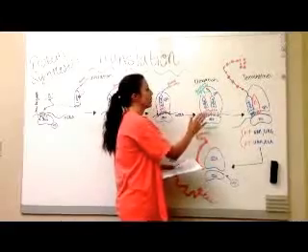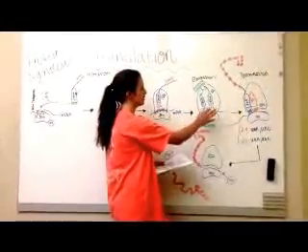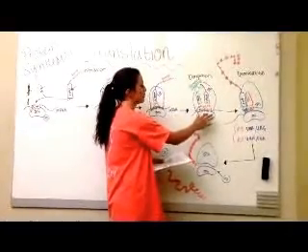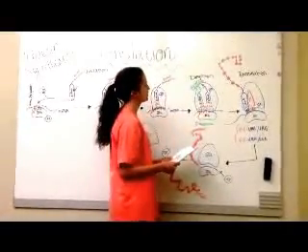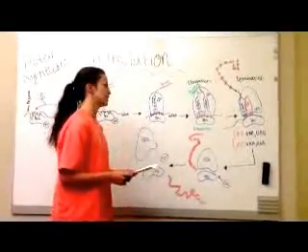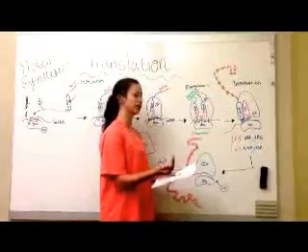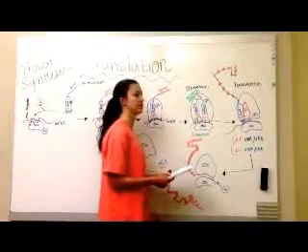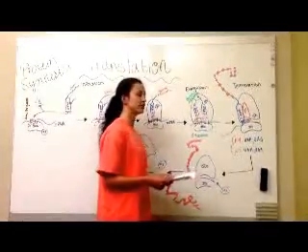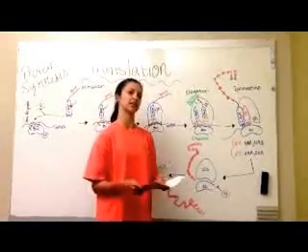It will then form a peptide bond between the two amino acids, adding it to the amino acid on the A site. Then you will have translocase, which is an enzyme, and it will shift the mRNA by each codon. So the codon that is located in the A site will move to the P site, and the codon located in the P site will move to the E site.